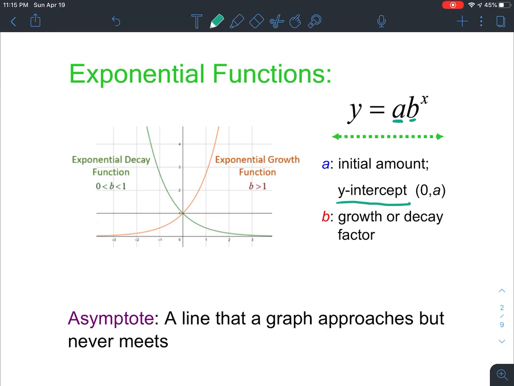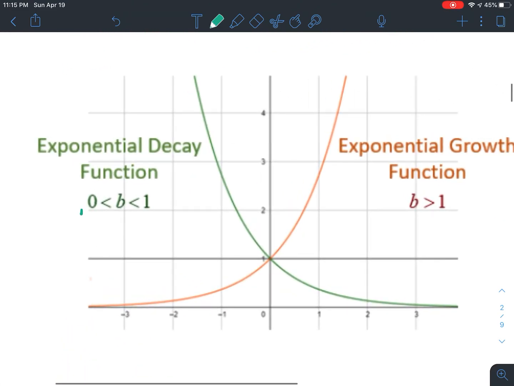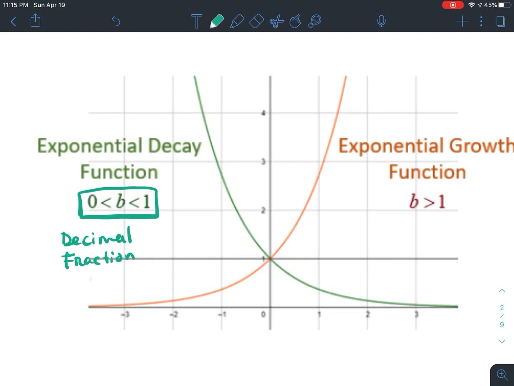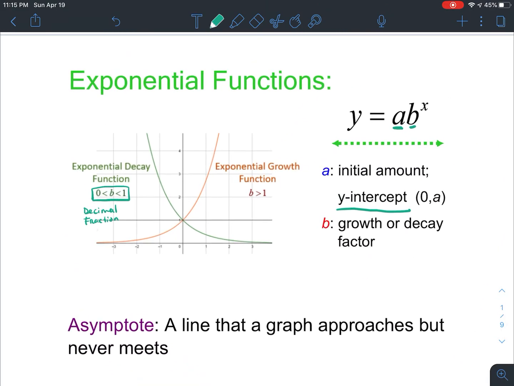Now, how do we know the difference between a growth and decay equation? Well, we're going to be looking specifically at our b value. If our b value is between 0 and 1, a decimal, right, a fraction that is smaller than 1, we will have exponential decay, meaning the graph will start really high and decrease rapidly until it hovers around a certain value.